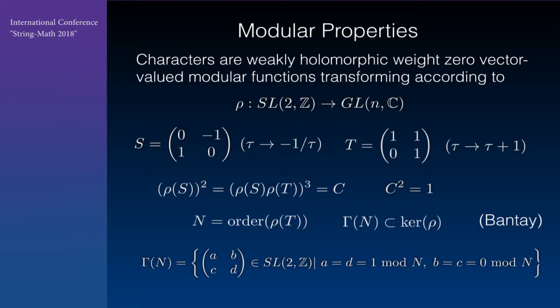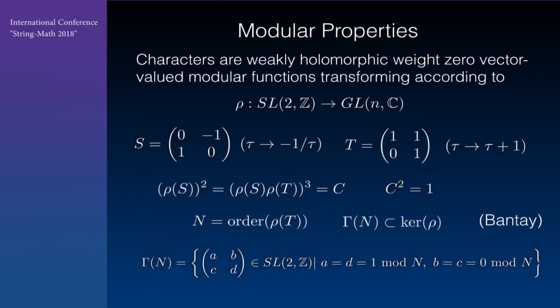So from a practical point of view, what that means is that if you do a modular transformation on the characters of a rational conformal field theory, if the transformation is in gamma of N, then it just leaves the character invariant. So each of the characters is a modular form for gamma of N, but under transformations in SL2Z mod gamma N, the characters will mix according to the representation rho.